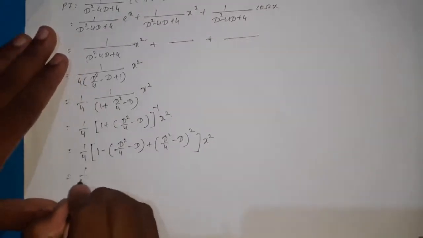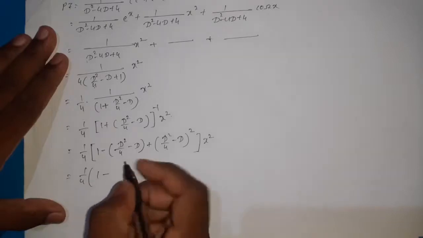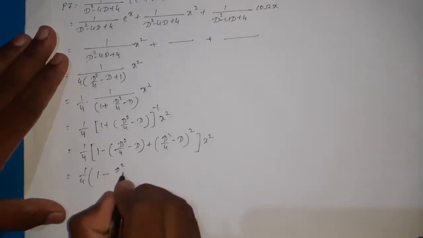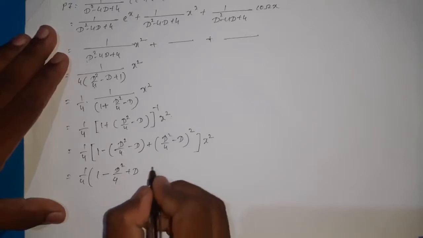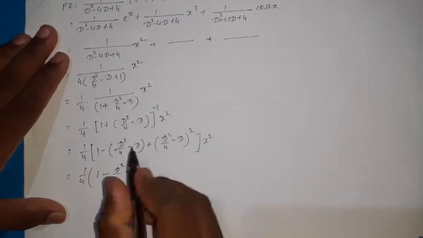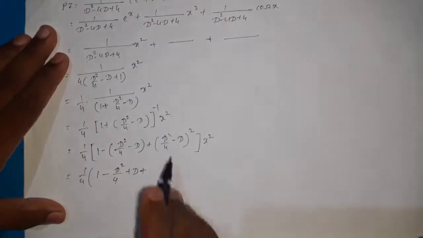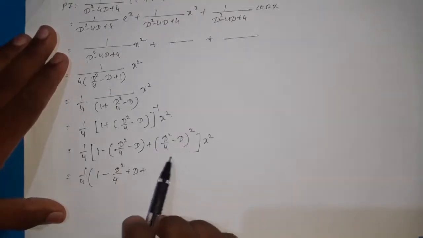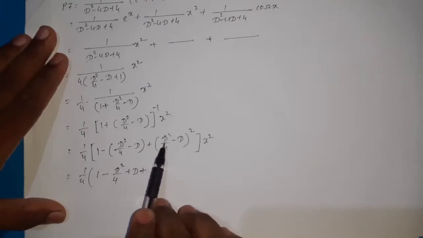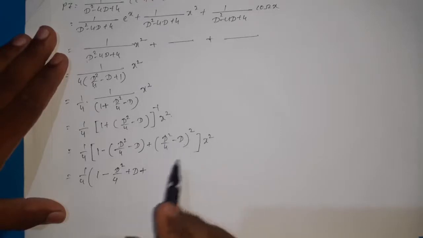Then it is 1 by 4, here 1 multiplied by the negative sign becomes minus D square by 4 plus D, plus, so here it is of the form (a minus b) whole square. So the expansion of this is a square plus b square minus 2ab.